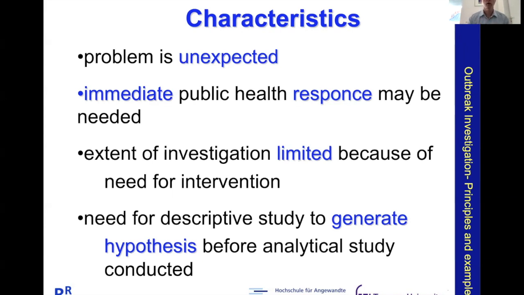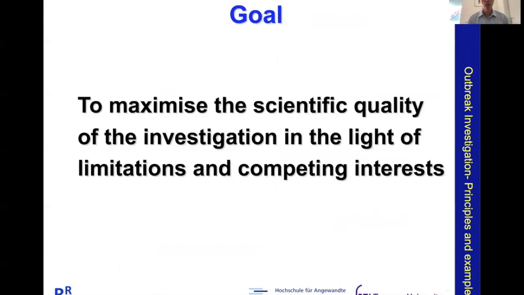That's nothing new. I'm sure you are familiar with this. So the goal of outbreak investigations in general is to maximize the scientific quality of the investigation in light of limitations and competing interests. We want to be able to give evidence or give advice based on evidence and not just on gut feelings.